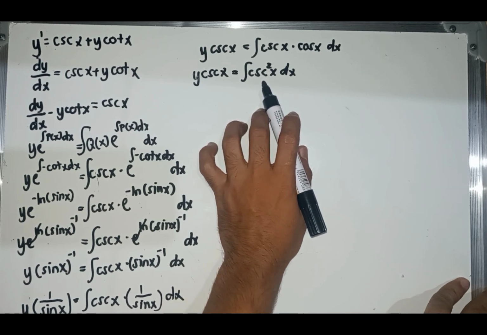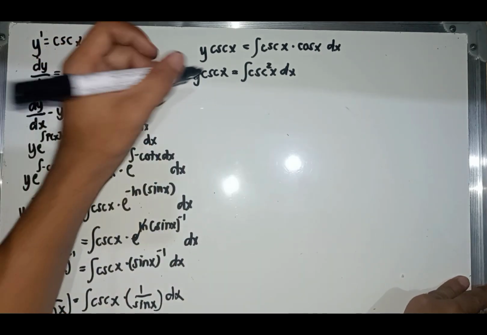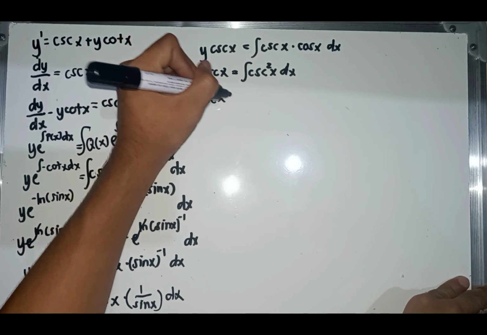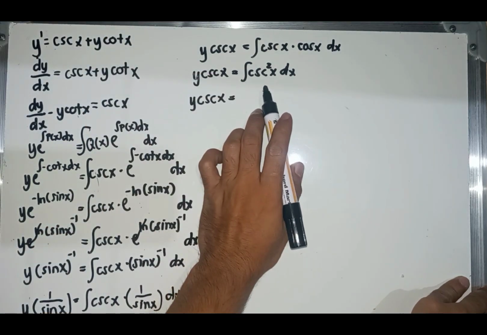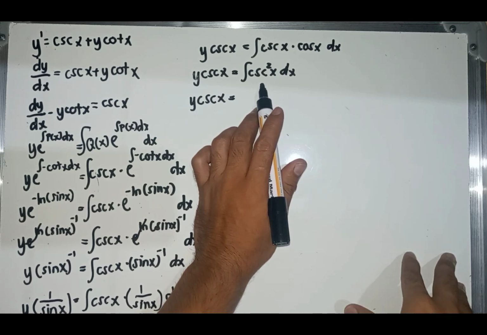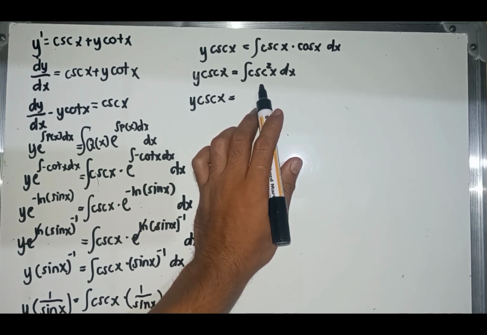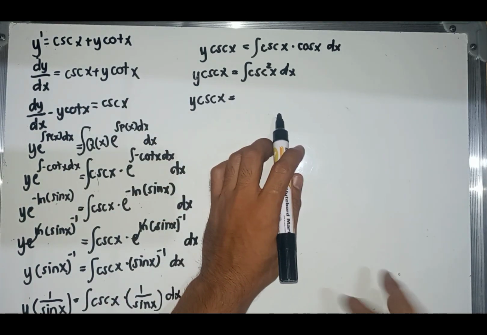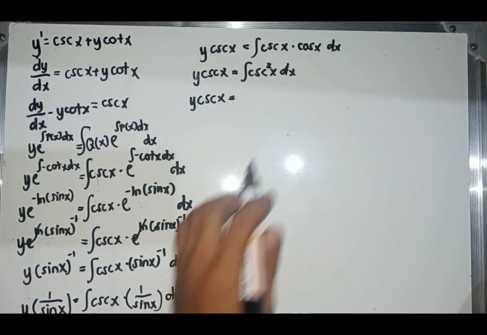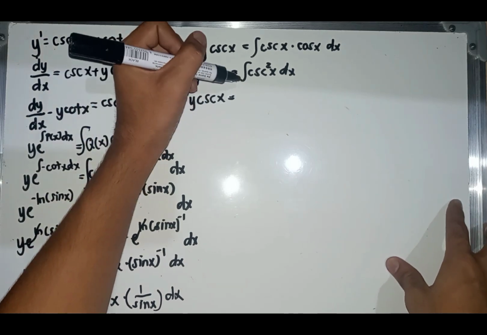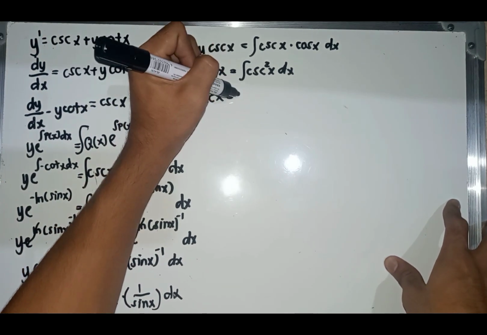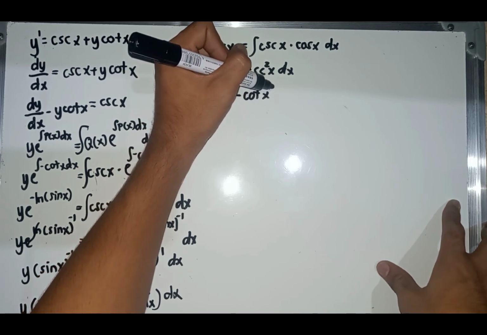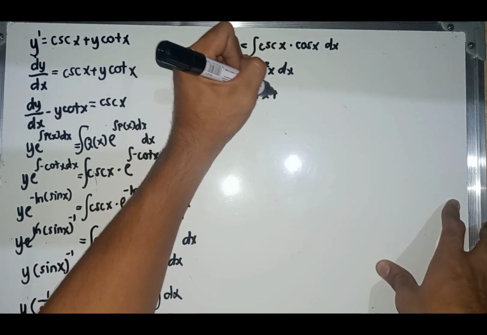We have y cosecant of x is equal to, we know that the integral of cosecant squared x is negative cotangent of x plus c.